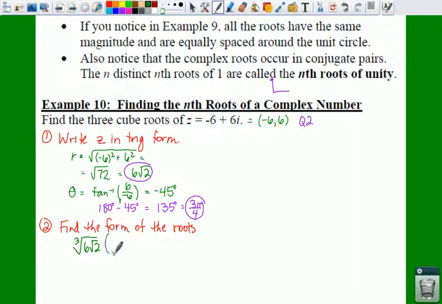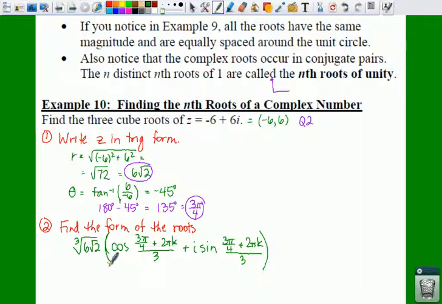And then that's going to be times your cosine of the 3 pi over 4, that's your theta, plus 2 pi k all over 3, plus I sine of 3 pi over 4 plus 2 pi k, all over 3. And since we can't really combine 2 pi k into 3 pi over 4, this is going to be the ugly form you are going to need to use.